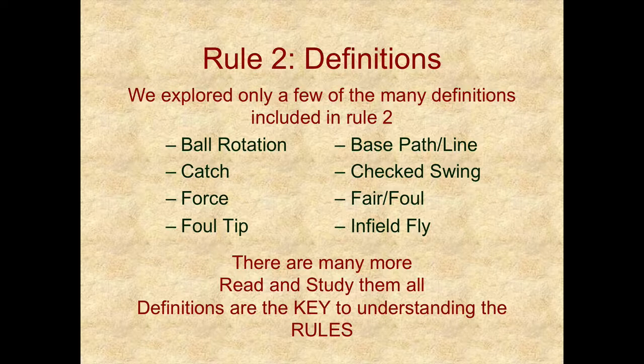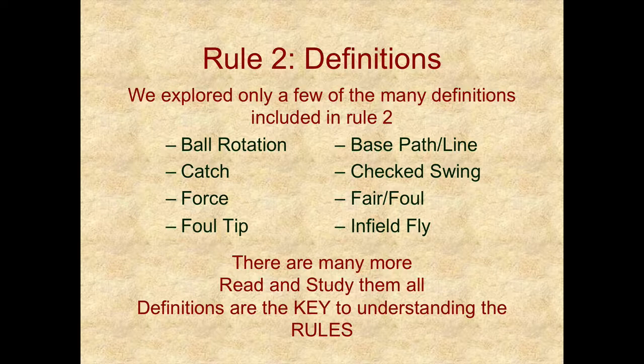Rule 2, Definitions. We have explored only a few of the many, many definitions included in Rule 2. We explored ball rotation, base path and line, catch, check swing, force, fair, foul, foul tip, infield fly.